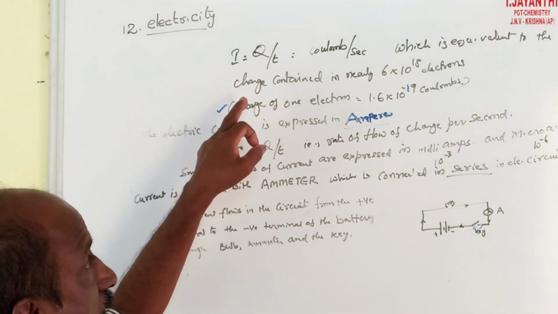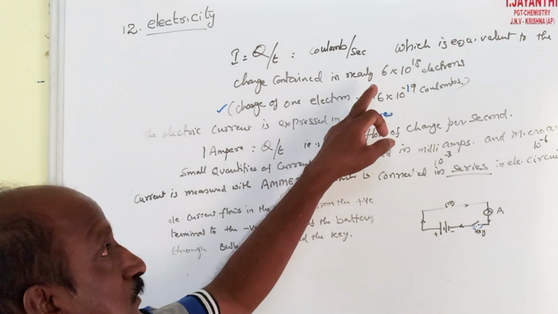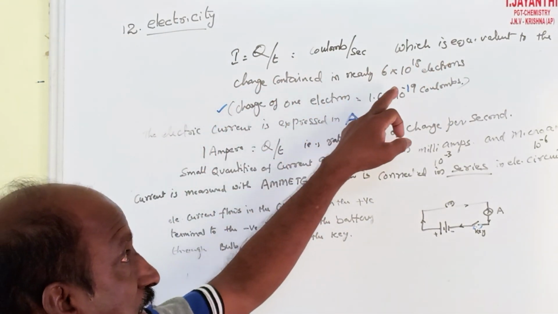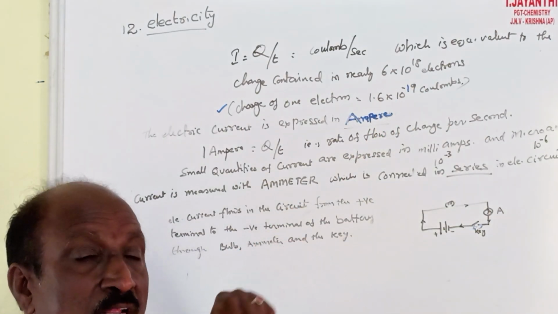1 ampere is equivalent to the charge contained in nearly 6 into 10 power of 18 electrons.